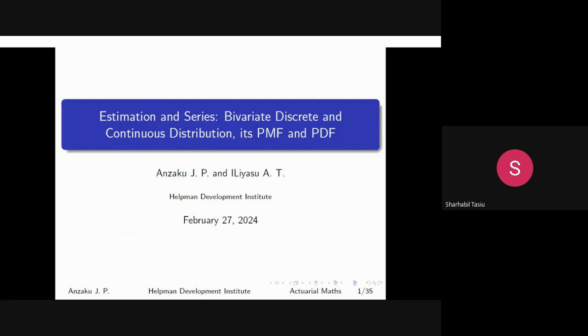So today we are going to talk about estimation and series, and particularly we are going to look at the bivariate discrete and continuous probability distribution, its PMF and PDF. I remember my humble self, Anzaku Jacob. I'll be taking the class together with Ilyasu.